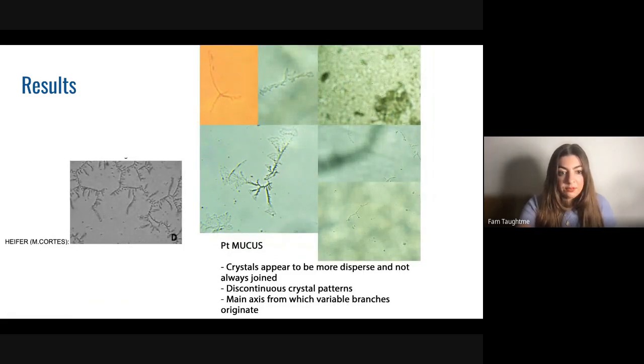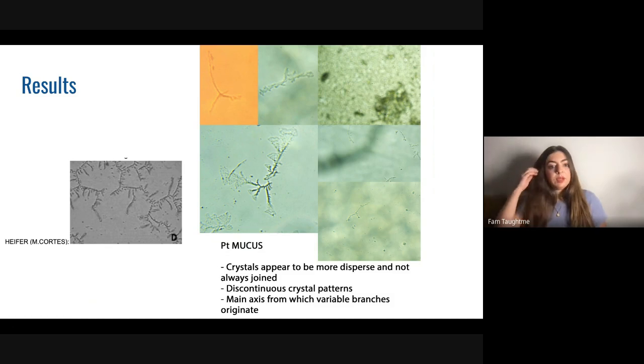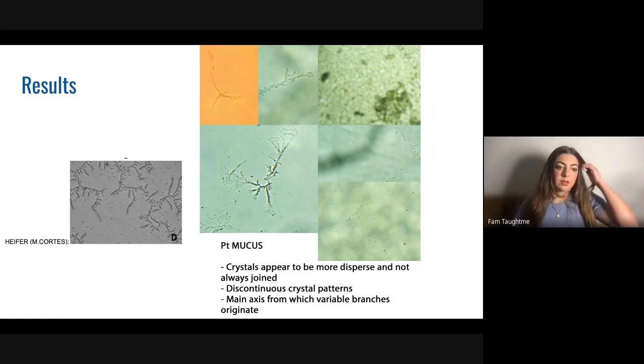And here we have the PT mucus, that wiry mucus. I did see that a few different times. You can see that in my results on the right, comparing it again to the heifer from M. Cortez. Compare there.